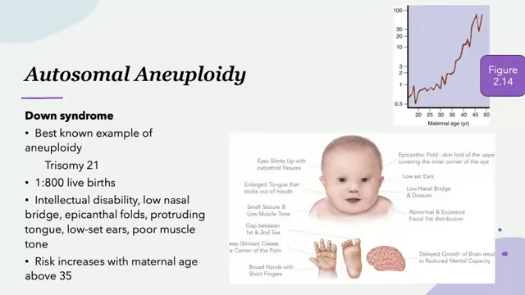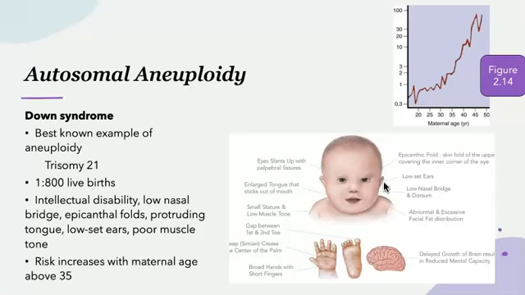So as I mentioned before, this is the best known example as an aneuploidy, and it's in about 1 of 800 live births. Some of the effects are going to be intellectual disability, low nasal bridge, epicanthal folds, protruding tongue, which you can see illustrated here, and low set ears and poor muscle tone.